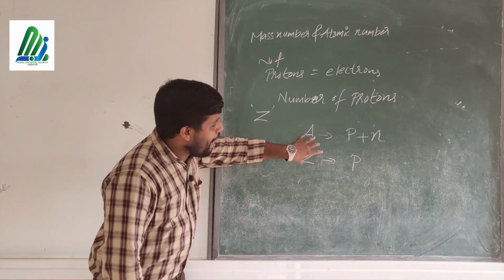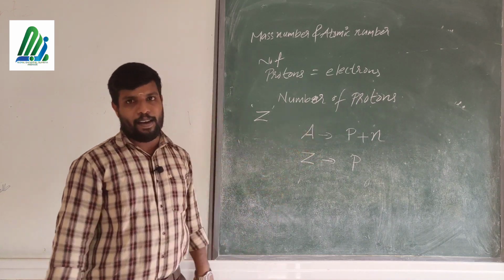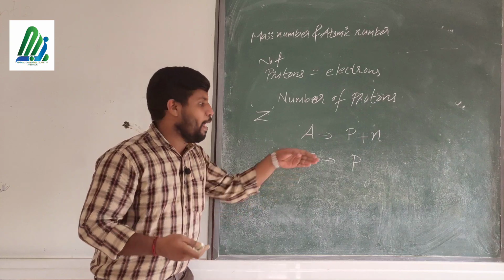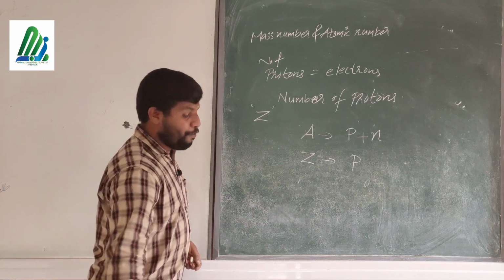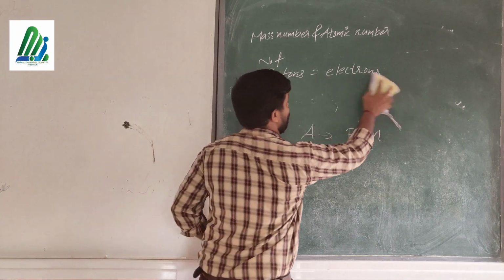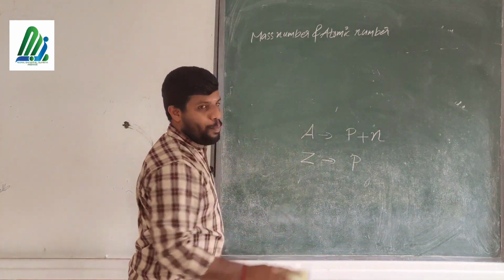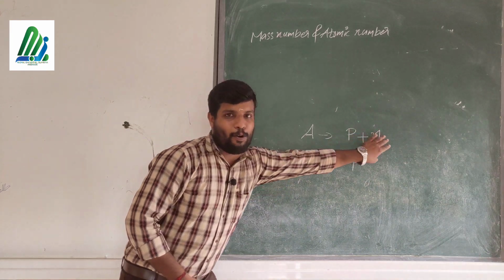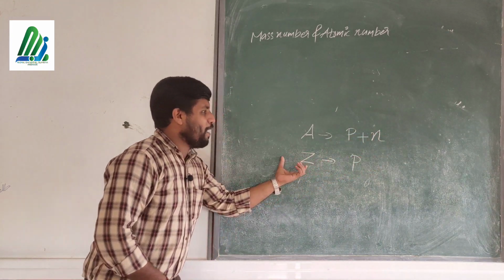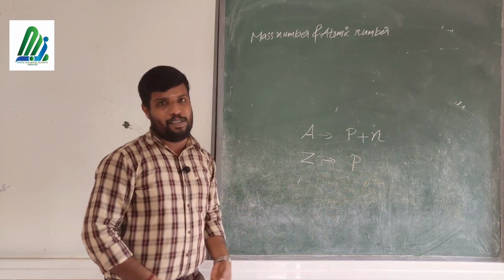If you know the atomic number and mass number, it is easy to find the number of neutrons in an atom. How can you calculate the number of neutrons? By using these two things, mass number and atomic number. Mass number is the total number of protons and neutrons, and atomic number is the number of protons.